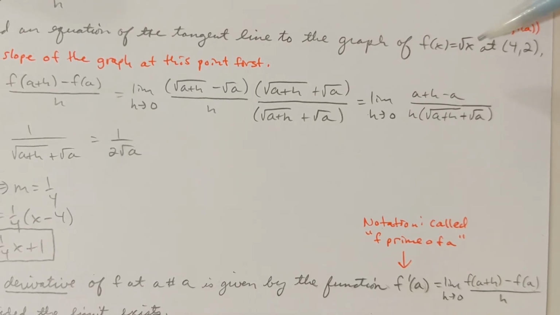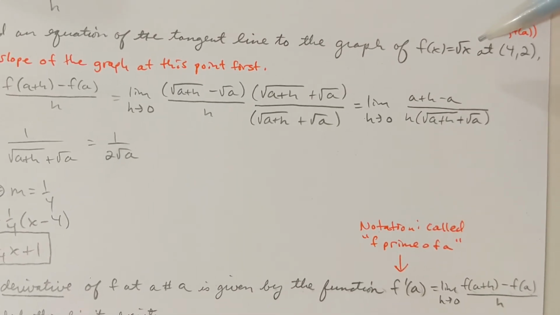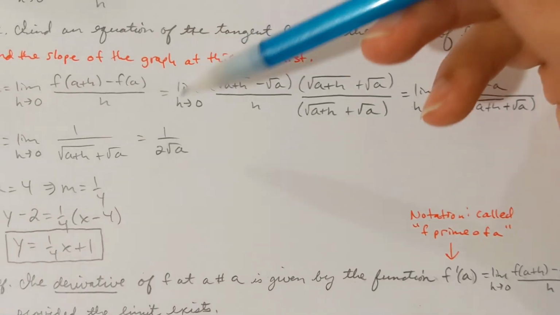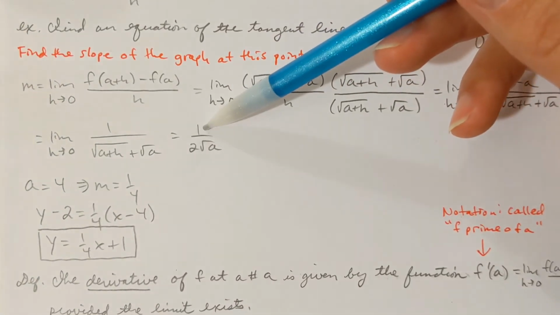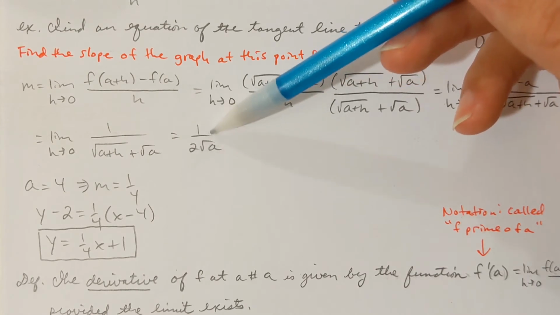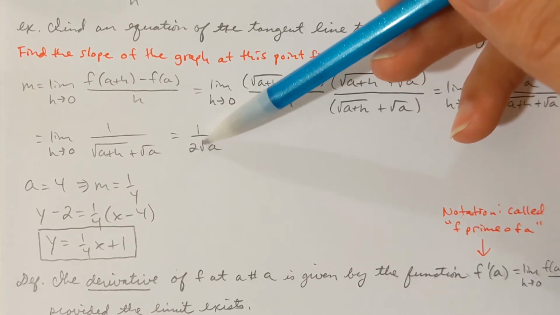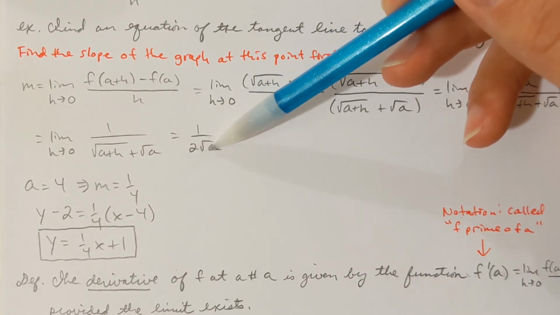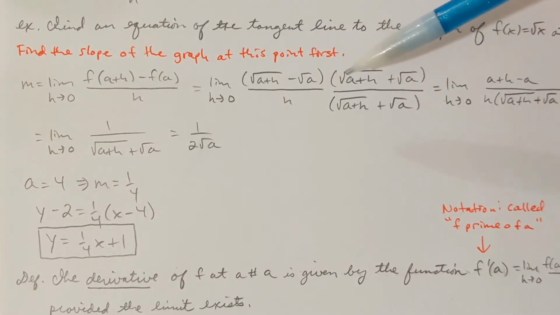Like if I were to find the slope of the graph when x is 9, 9, 3 would be on this curve, right? And so the slope of the graph at 9, 3 would be 1/6, since the square root of 9 is 3, and 1 divided by 6 would be the slope at that spot.